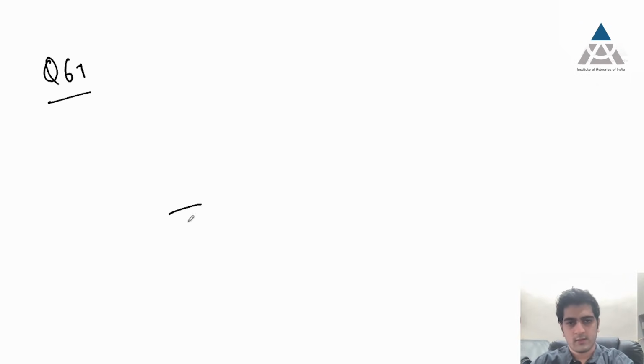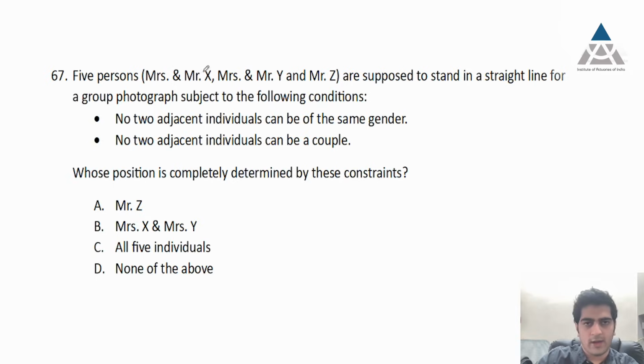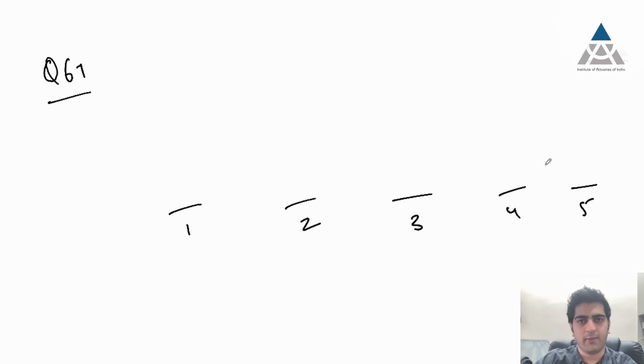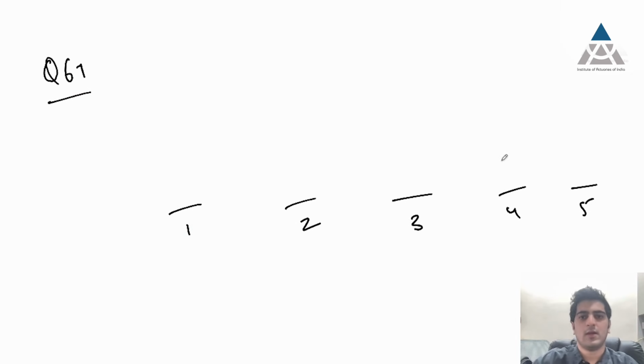Okay, very interesting. So let's look at this. Question 67. 1, 2, 3, 4, and 5. What are they told? That Mr. and Mrs. X. So 2 females cannot be next to each other. 3 males cannot be next to each other. Okay.